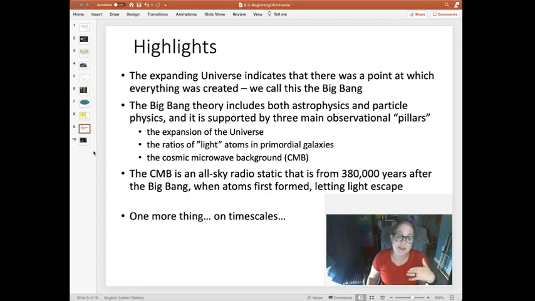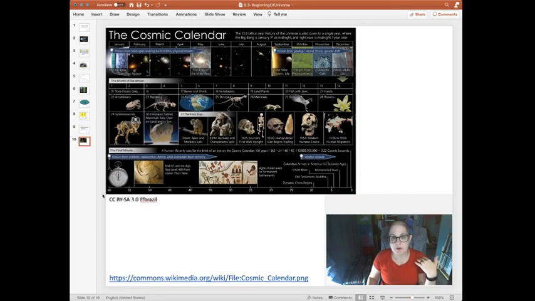The cosmic calendar is a way of picturing time. So this is super tiny. I've included a link here for this particular version. You take the 13.77 billion years of the universe's existence and you translate it to the length of a year.